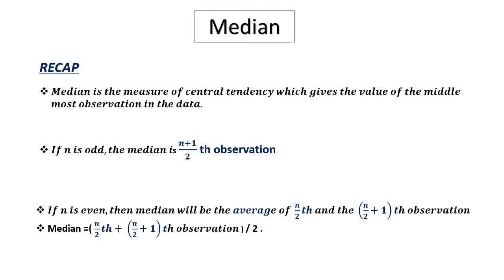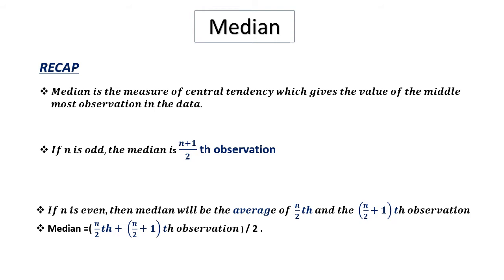If you have raw, ungrouped data and n is odd, we can find the median position as it is the middlemost: (n plus 1) upon 2th observation. So you get the position of the median value. If n is even, then it is the average of the n upon 2th and (n upon 2 plus 1)th observations.